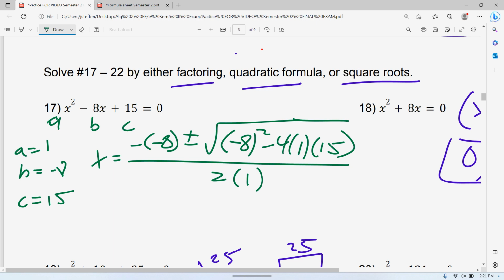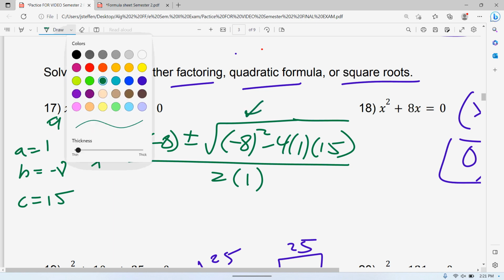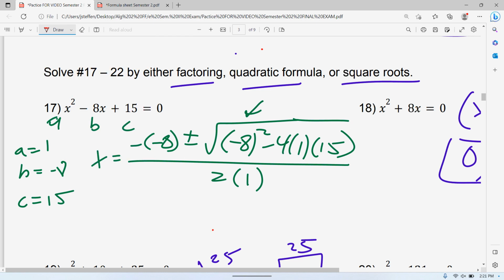If you do that, again, you definitely need parentheses there. I like to do it in a couple of different steps. I like to do it in 2 steps. So it's positive 8, negative 8 squared minus 4 times 1 times 15 is 4. So plus or minus 2, over 2.